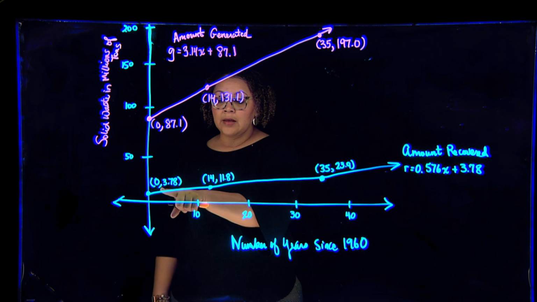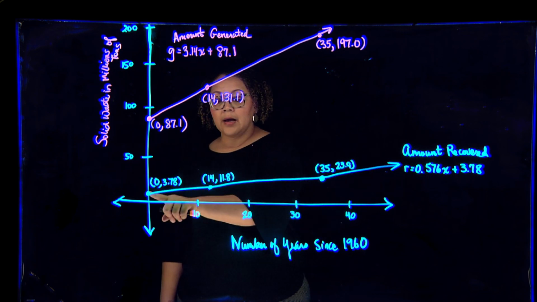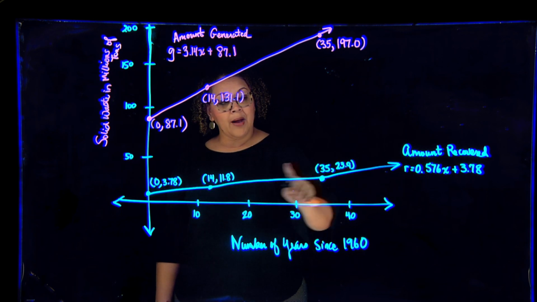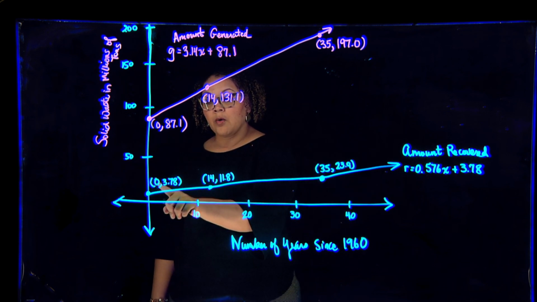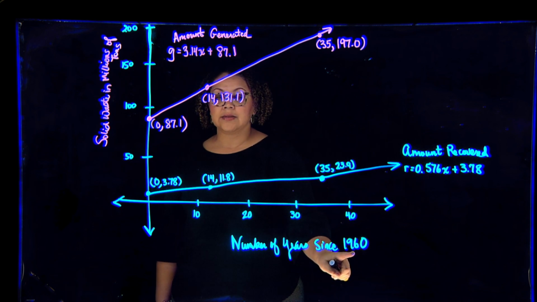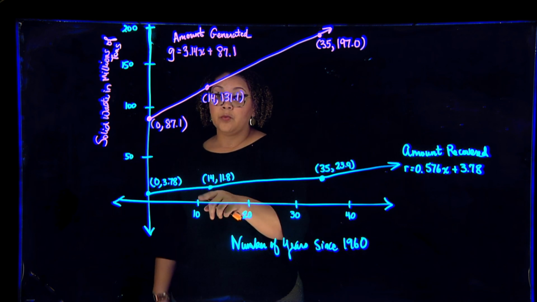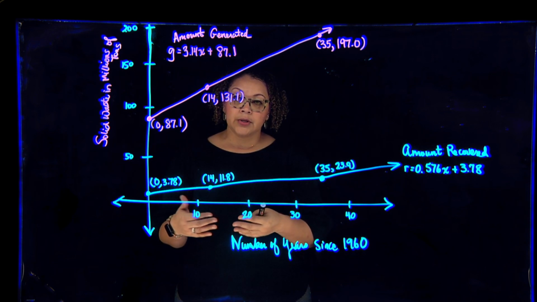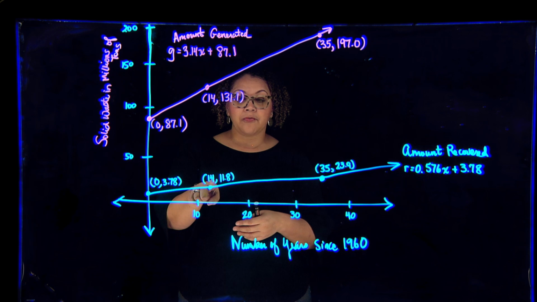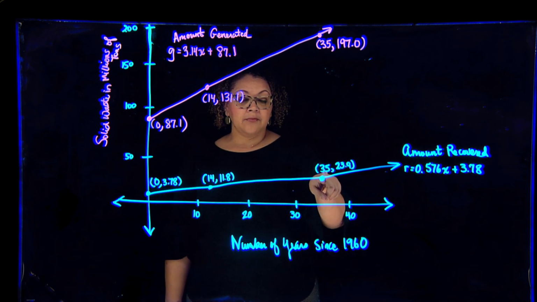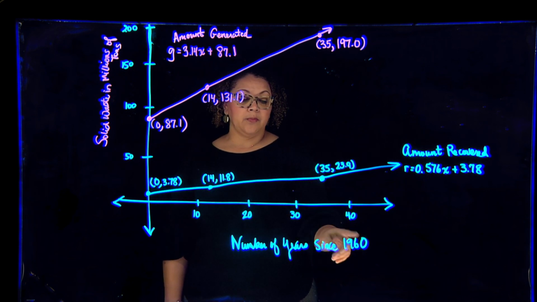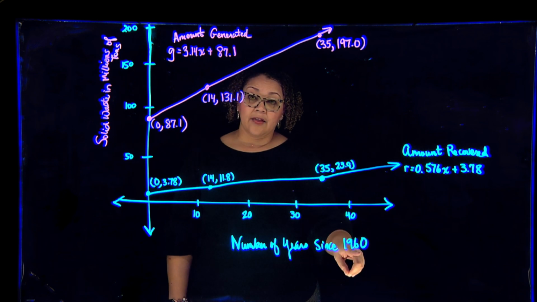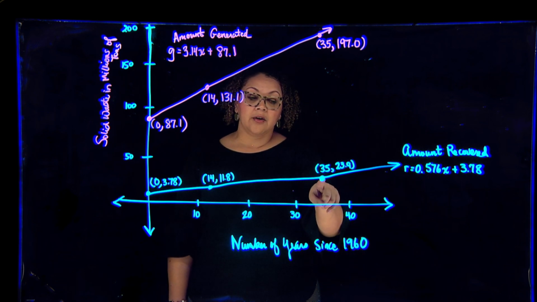So as you see these ordered pairs along the line that goes with the amount recovered, the 0, 3.78 represents the year 1960. 14 would be the same thing as taking 1960 and adding 14 years, so that would be 1974. And 35 years from 1960 would be taking 1960, adding 35, so this would represent the year 1995.